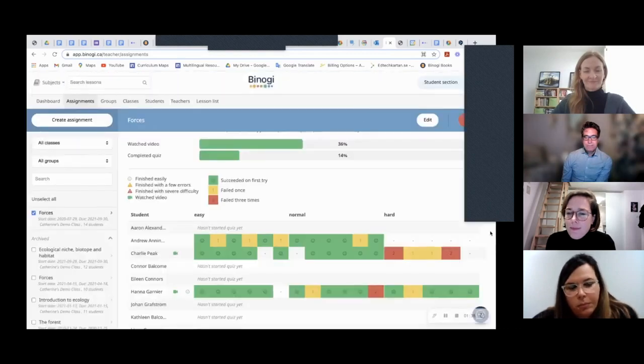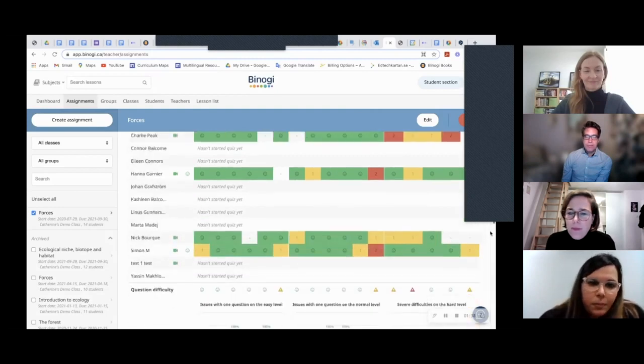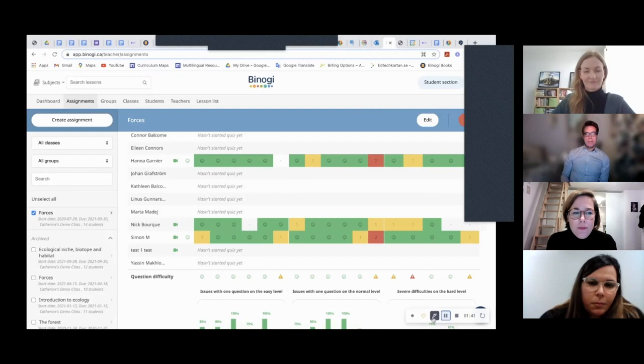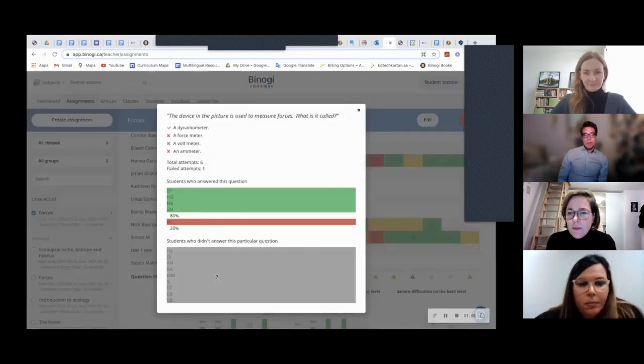And so this is very good for you if you are a teacher, because then you see the whole class. You can see what they managed, the question, what they already know, and especially what they don't know is more important. Here you can see what students have managed this question, and how many percent, and who didn't answer the question at all.